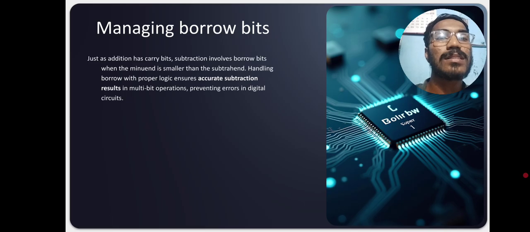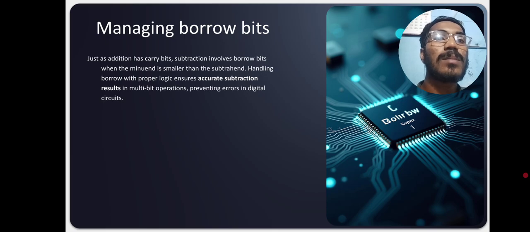Just as addition has carry bits, subtraction involves borrow bits. In addition, the bits will have carry bits. Subtraction involves borrowing bits, which means you have to take a bit from another position when the minuend is smaller than the subtrahend.